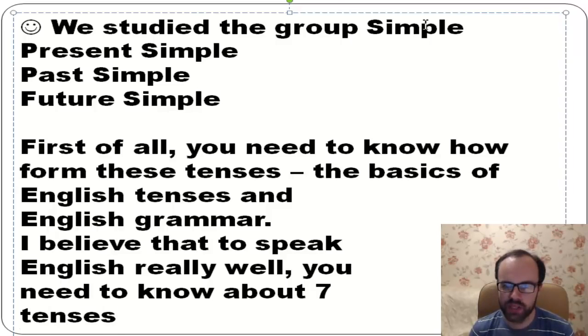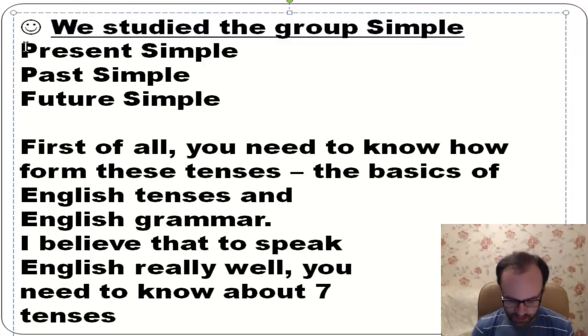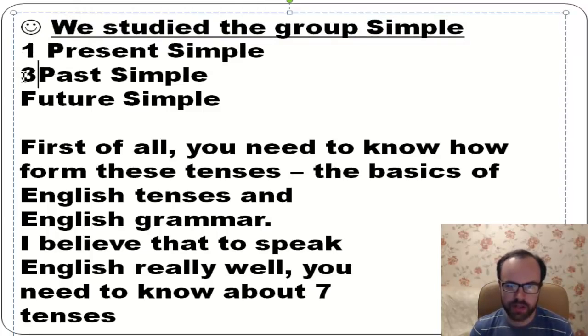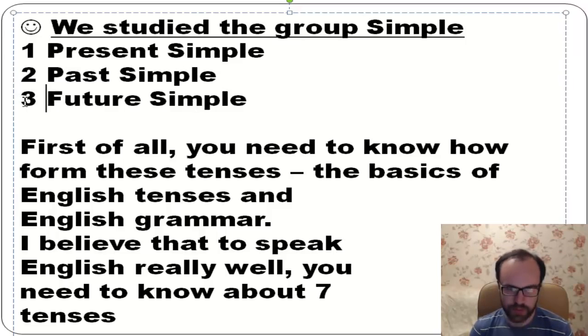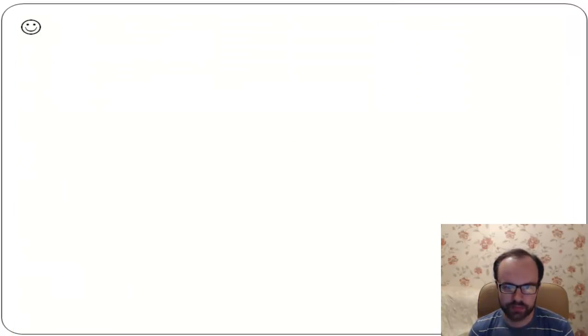Okay? So we studied the group simple. So you see present simple, past simple, and future simple. First of all, you need to know how to form these tenses, the basics of English tenses and English grammar. I believe that to speak English really well, you need to know about 7 tenses.